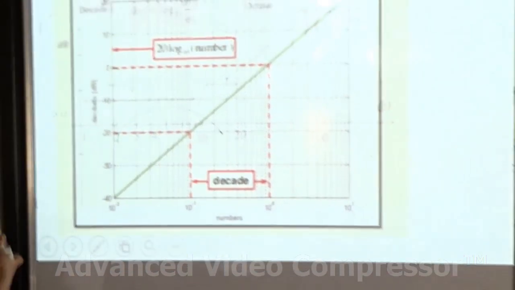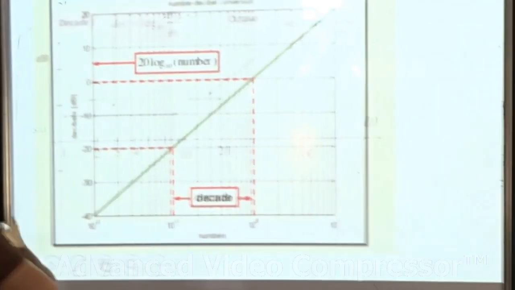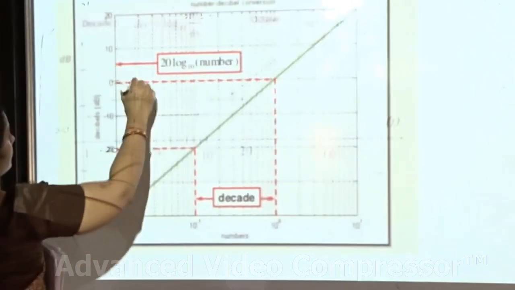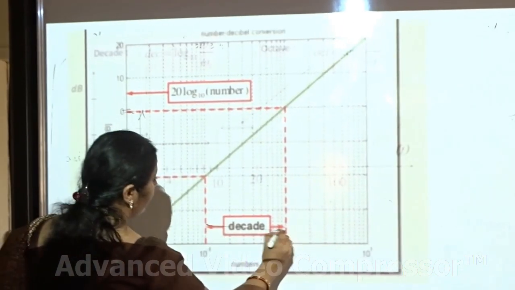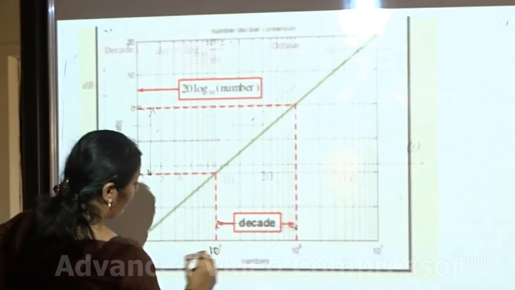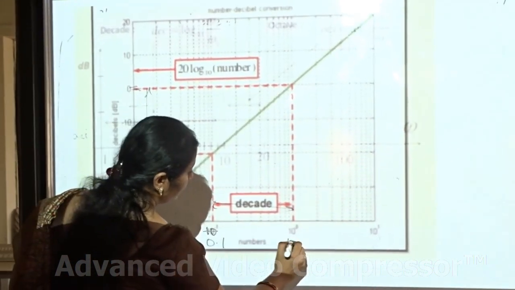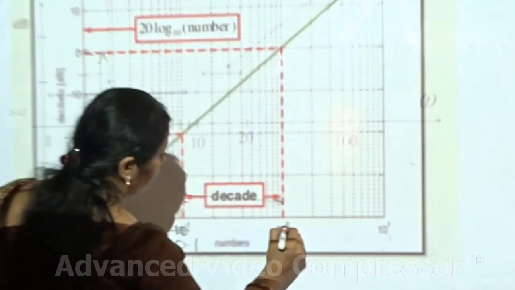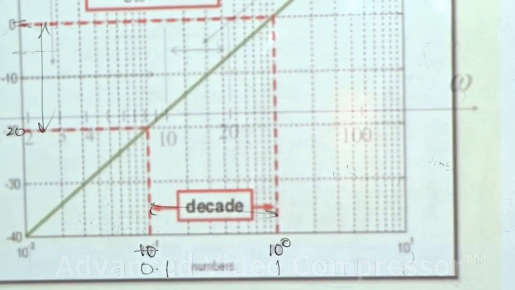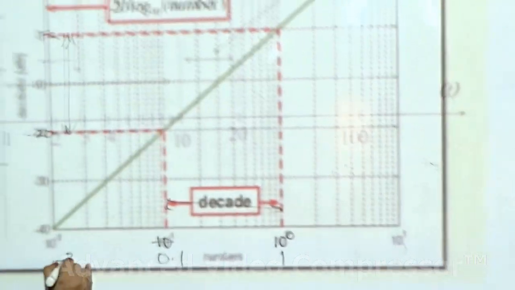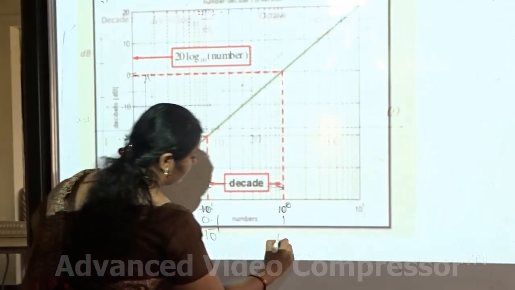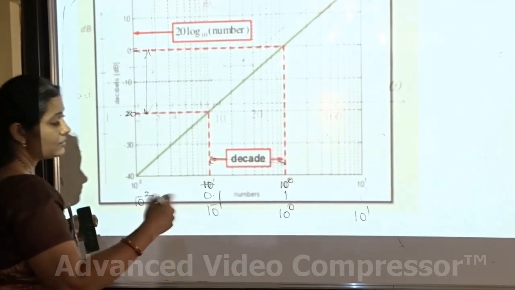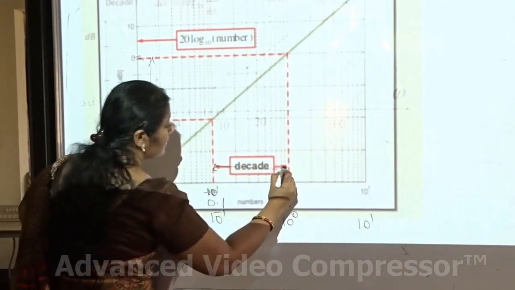See here, it was 0 and now it is minus 20, this y-axis, and your x-axis is going from 0.1 to 10. So this is 1, 10 power 0 is nothing but 1. Here it is 10 power minus 2, 10 power minus 1, 10 power 0, 10 power 1 like this. It is increasing by 10 times, so it is decade.